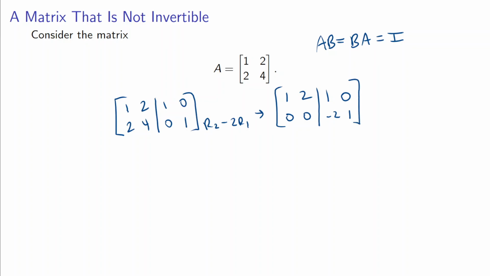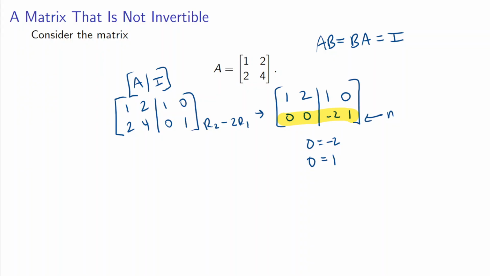And what we see here is that this bottom row would lead to inconsistent systems. Remember that the reason we set this matrix up where we augment A with the identity is because we had this system with the variables a, b, c, and d, and we had these two systems we were solving simultaneously. So in this bottom row we have two inconsistencies, 0 equals negative 2 and 0 equals 1.